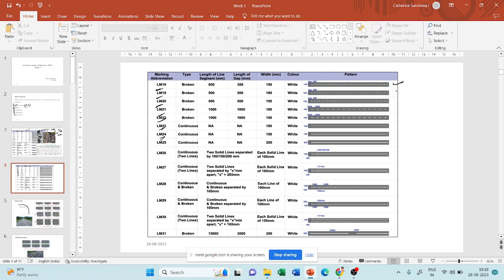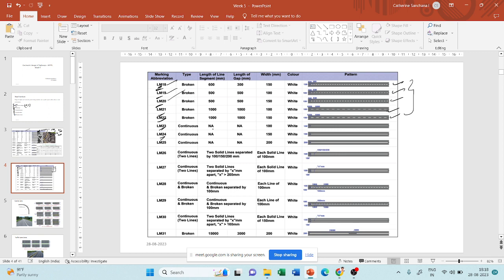So there are different kinds of longitudinal road markings. Say all these are dashed lines, okay, but they will differ amongst them in terms of thickness of the road marking, in terms of spacing between these dashed lines, and in terms of length of these dashed lines. All this is different, and each type of longitudinal road marking is given a name, where LM stands for longitudinal marking, and 18, 19, 20 are just numbers designated for each type of road marking, right?